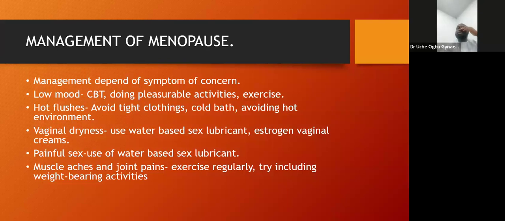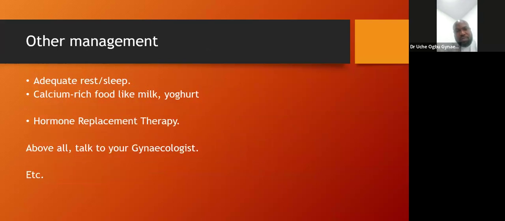Next slide. Adequate rest and sleep is advisable. Calcium-rich food like milk and yogurt. There are a lot of supplements that have been mentioned as helpful, but I didn't want to list them because for most of them there is no randomized control trial supporting them.